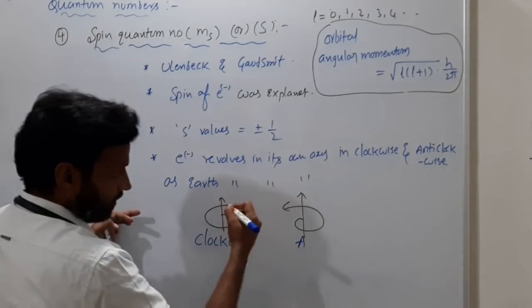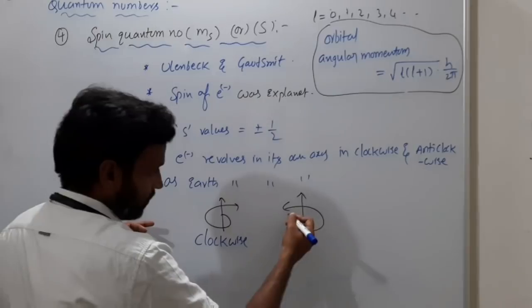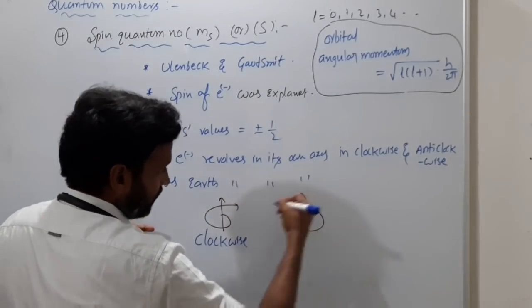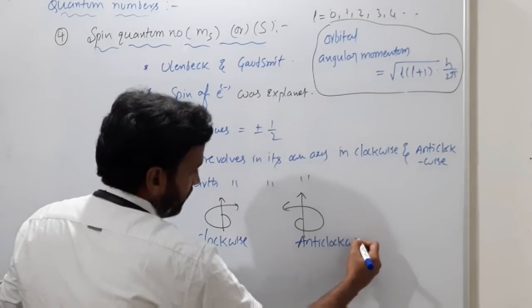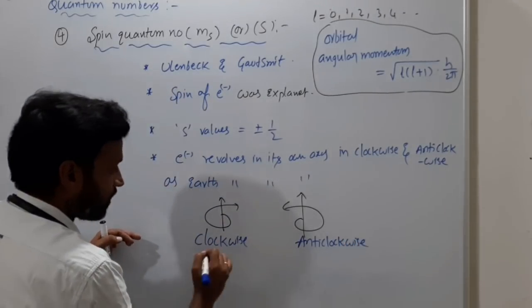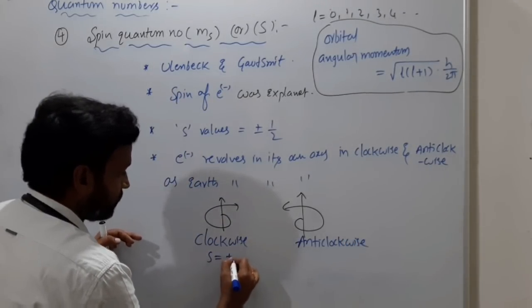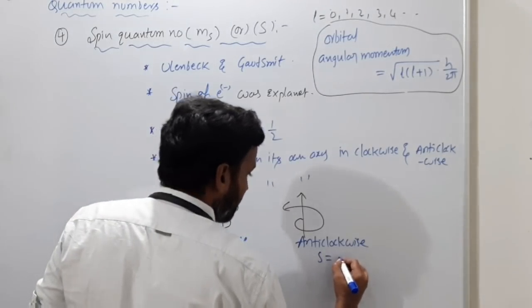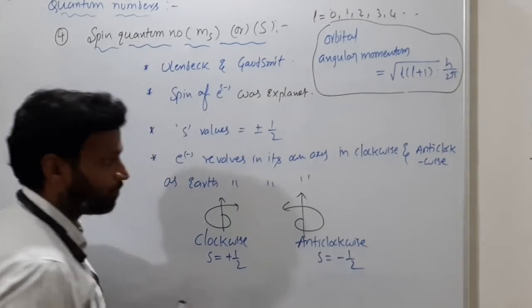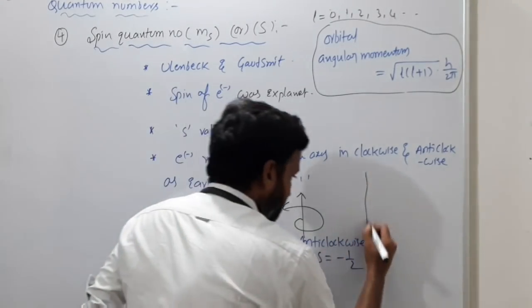Here the electron is revolving in anti-clockwise direction. So for clockwise direction the S value is plus half, and for anti-clockwise direction S is minus half. Please remember these two.